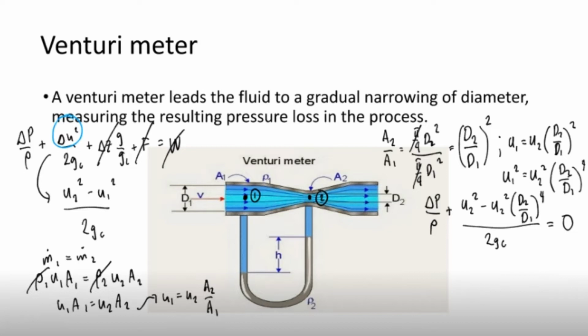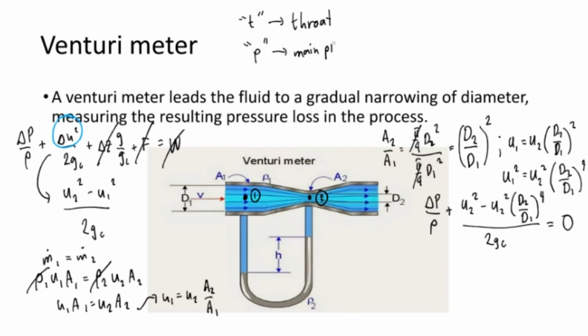Now to make this easier to track, let us use the subscript T to pertain to the throat, and let us use the subscript P to pertain to the main pipe. Applying these subscripts, we can rewrite our equation as delta P over rho plus, factoring out U throat squared over 2gc, we would have 1 minus the ratio of diameter in the throat over the diameter of the pipe raised to the fourth power is equal to 0.